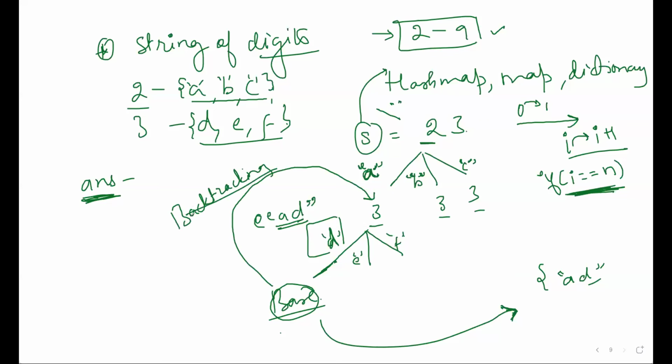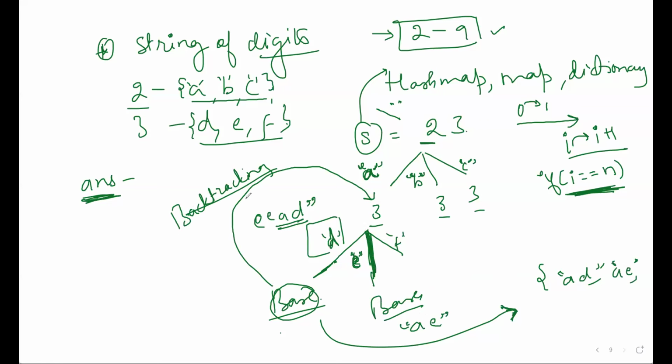So we backtrack and we choose the second option. Second option is to take this E. So if I take this E, I have AE. When I go to the base condition, I have AE with me, so I'll add AE.